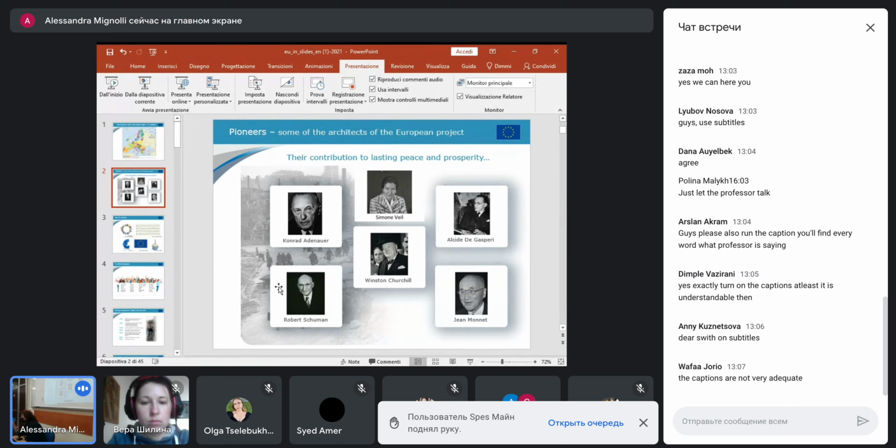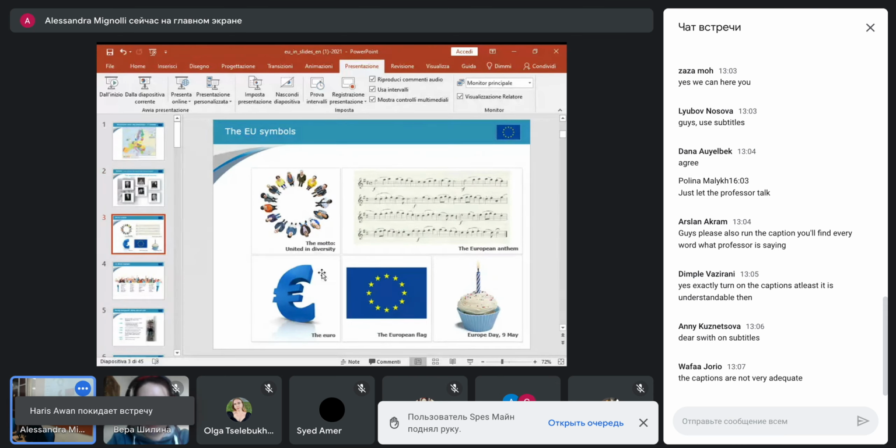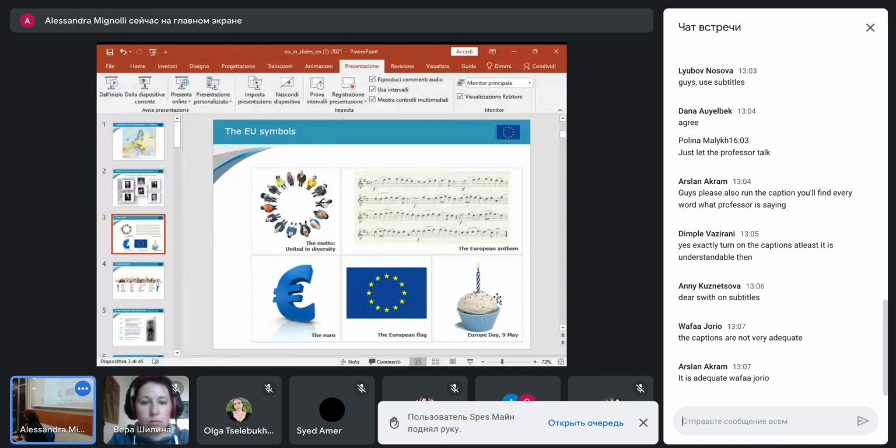The date that will become later Europe Day, 9 May, to celebrate the day when everything started with the Schuman Declaration, that we will read immediately if we can.